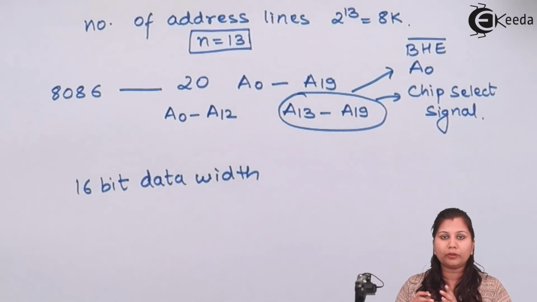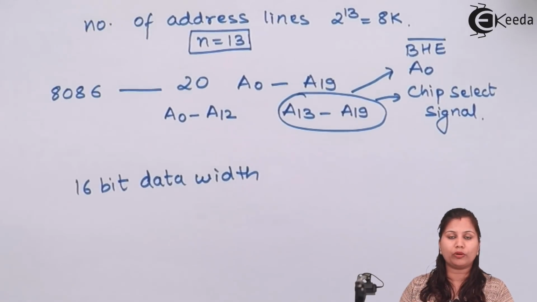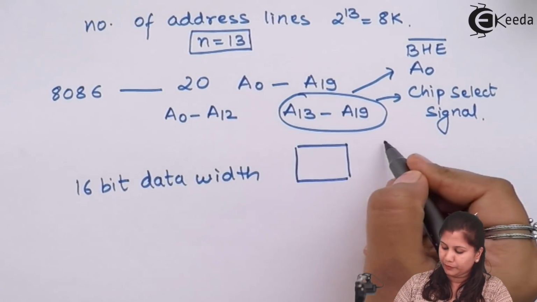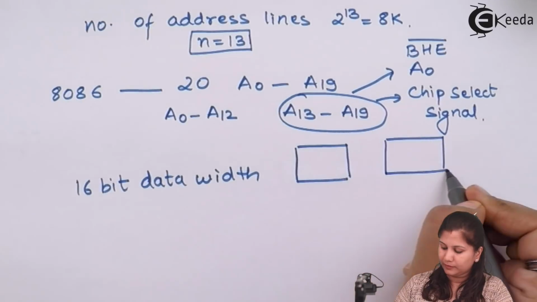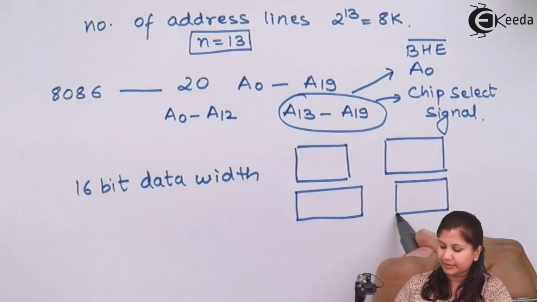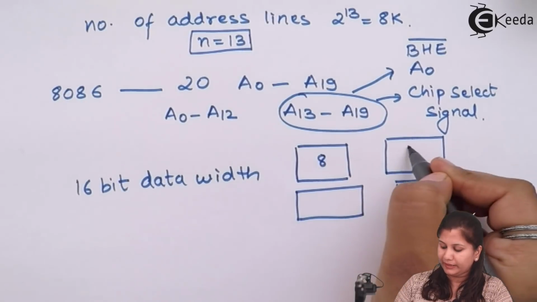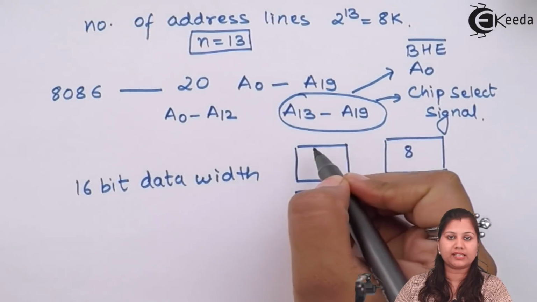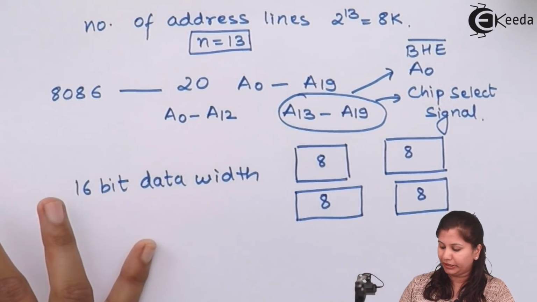So when we talk about the arrangement of these four memory chips, we will arrange it like this, so that each is providing 8-bit of data. Together they will give us the 16-bit of data.